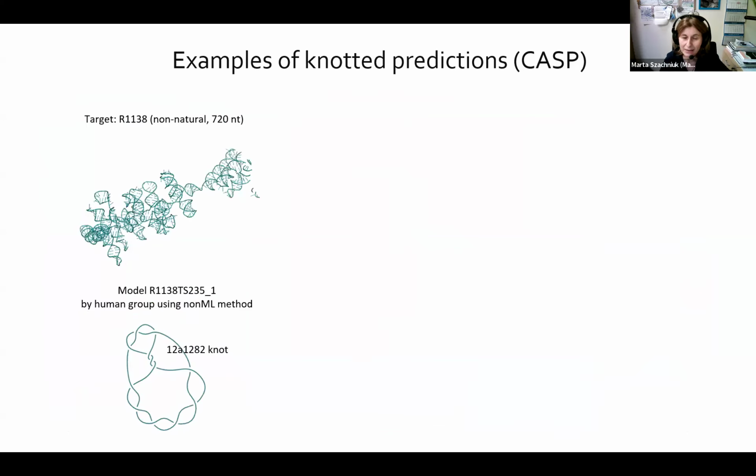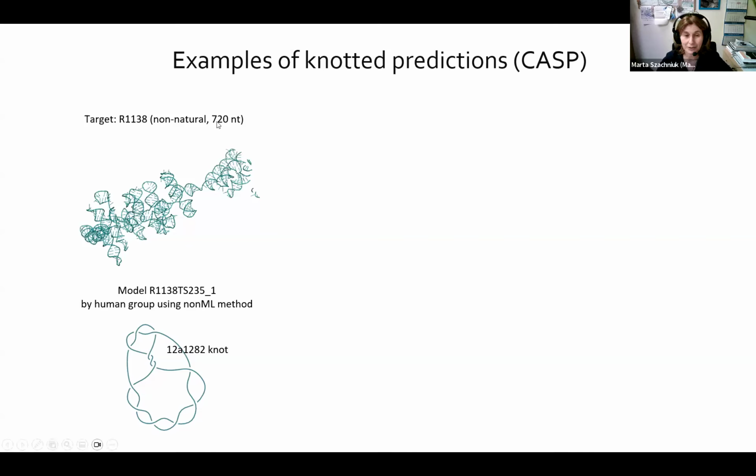Okay, here are some other examples, even more complex topological knots found in the predicted structures in the CASP competition. So there is another prediction for the same target, an over 700 nucleotide long structure.